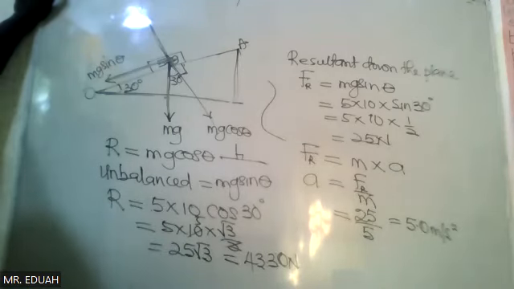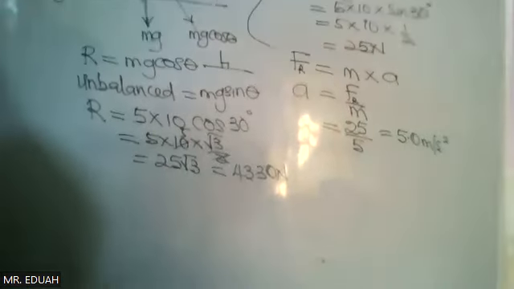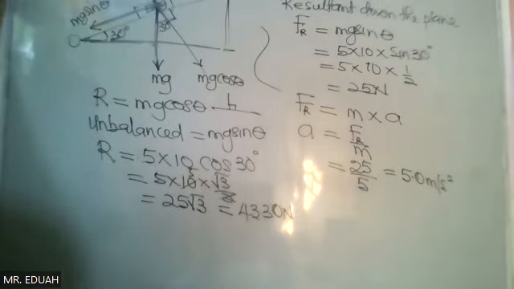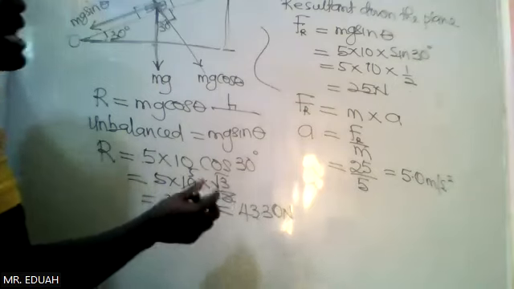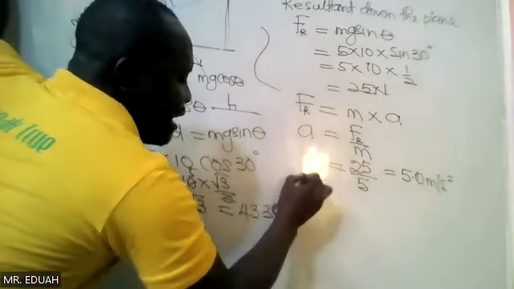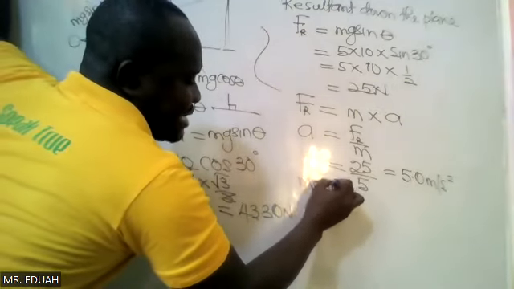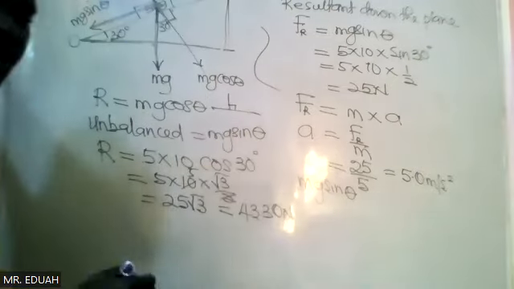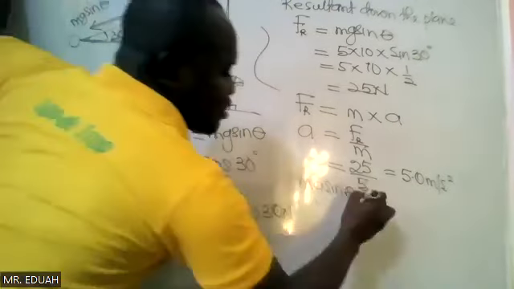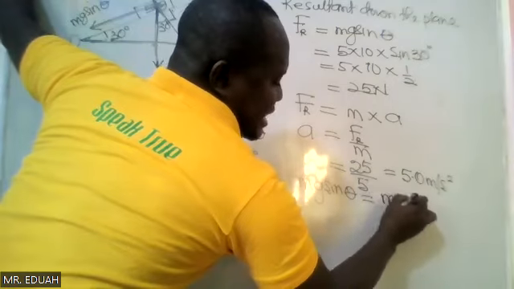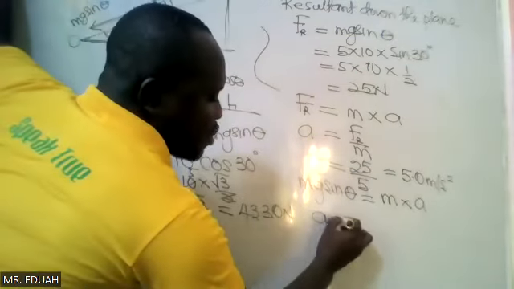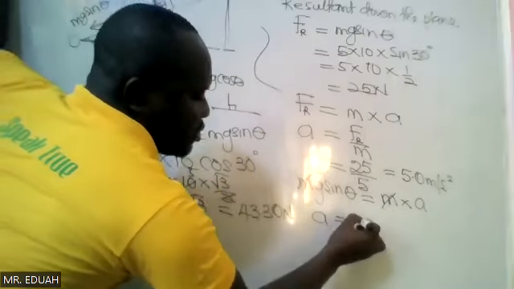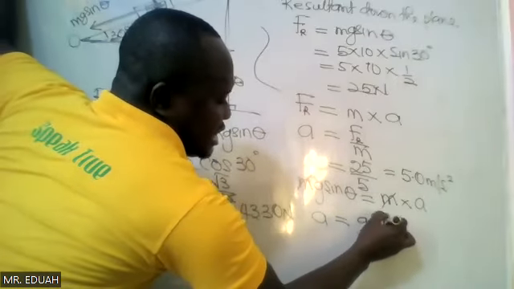Somebody who is also a fan of formulas would go this way. The resultant force acting down the plane is mg sin theta. And Newton is saying that every force is equal to the mass times the acceleration a. So a is equal to, m will cancel, g sin theta.